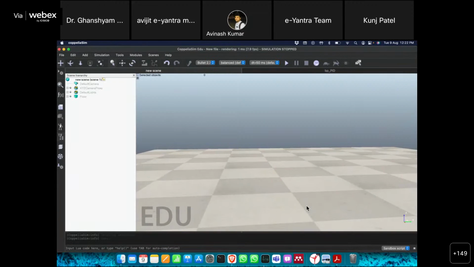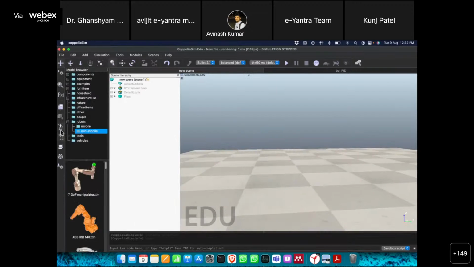Everything in CoppeliaSim happens inside a scene. When you open CoppeliaSim, you'll be given a new blank scene. In this scene itself, you import elements, and then you write code to make that element behave in a certain way. This is the basic setup that you can see here.